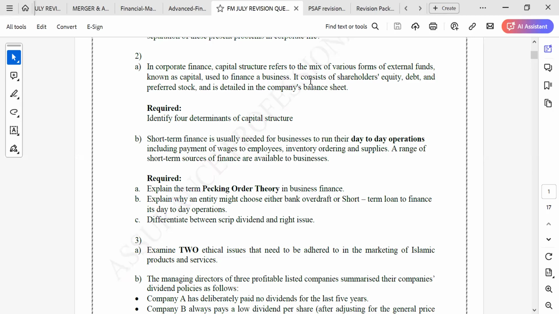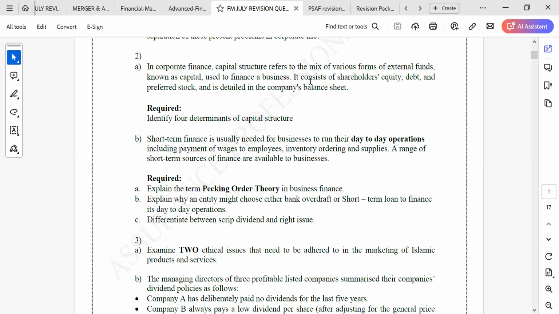Since there's a payment plan, the company will also be able to plan their cash. So a company that is having a cash problem will go for a short-term loan, because we know that at the end of this month, we are paying 10 cedis. So any money that is coming, we can plan how we are going to be spending it. But if you're having a cash problem and you go for bank overdraft, as soon as the money hits your account, that is the end. You will not be having cash.